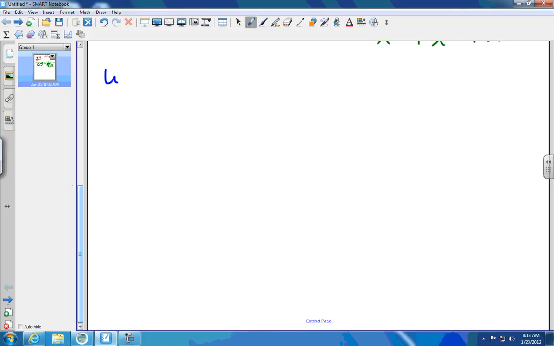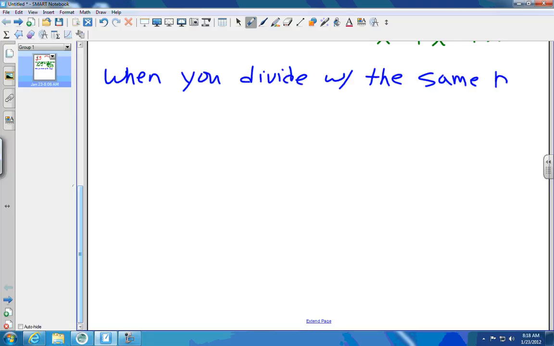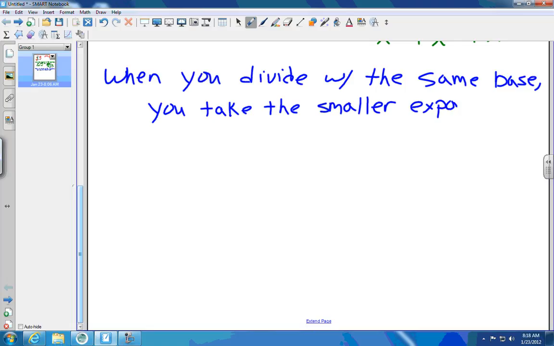When you divide with the same base, you take the smaller exponent to the larger and subtract.